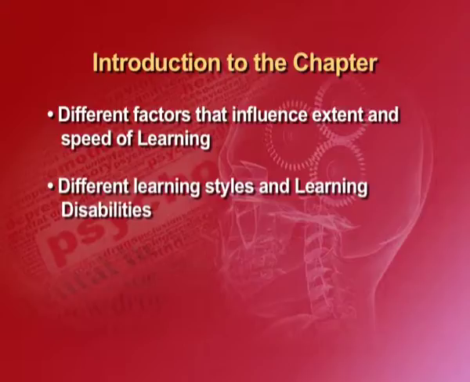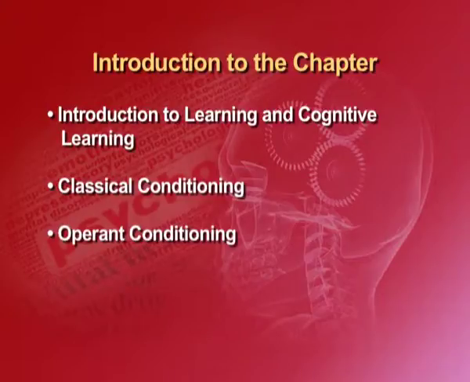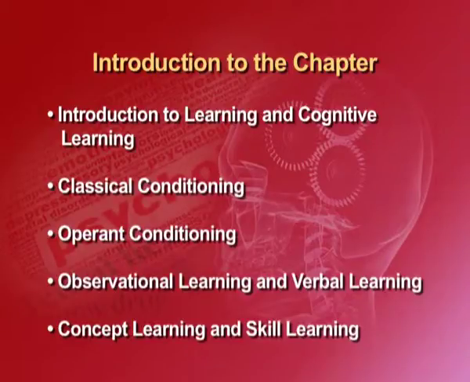For the convenience of your learning, this chapter has been divided into 8 parts. The parts are as follows. First, introduction to learning and cognitive learning. Second, talks of classical conditioning. In the third part, we shall discuss operant conditioning. In the fourth part, observational learning and verbal learning are dealt with. Concept learning and skill learning are part 5.